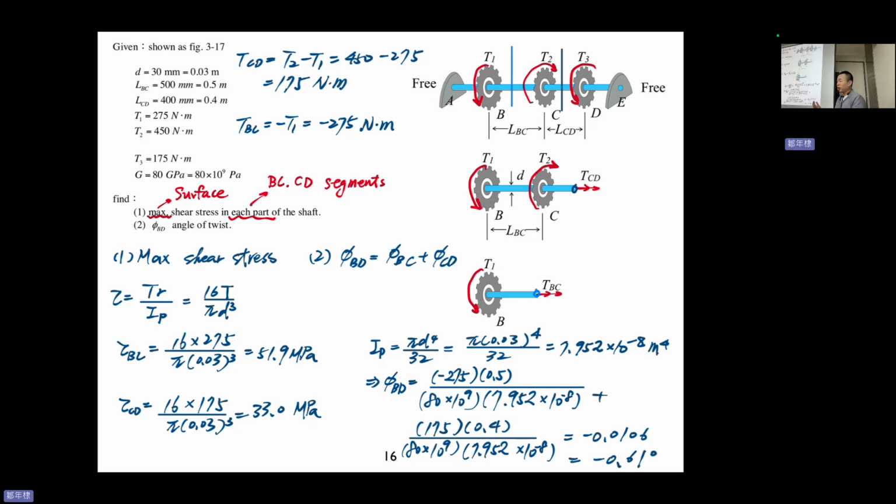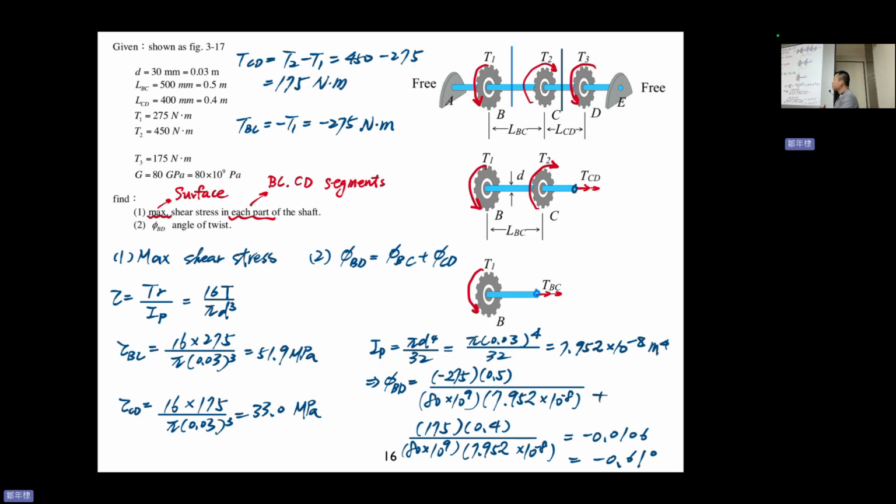I just told you, when you talk about a stress element, the direction matters. Next one, we are going to discuss the stress element due to the torsion.